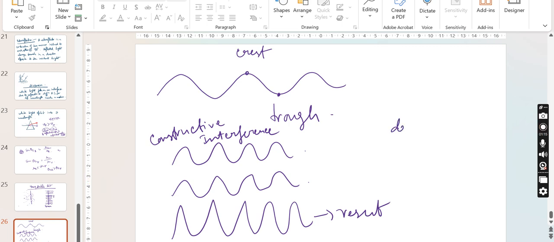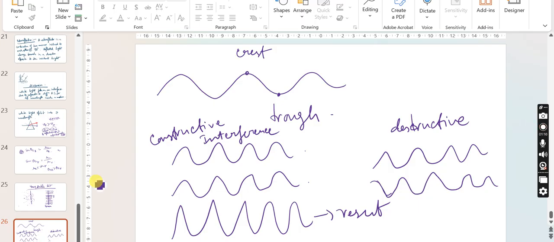But if they interfere destructively, like this, they will annihilate each other.